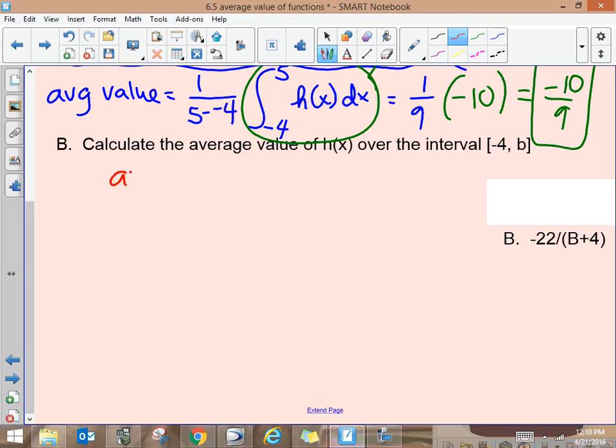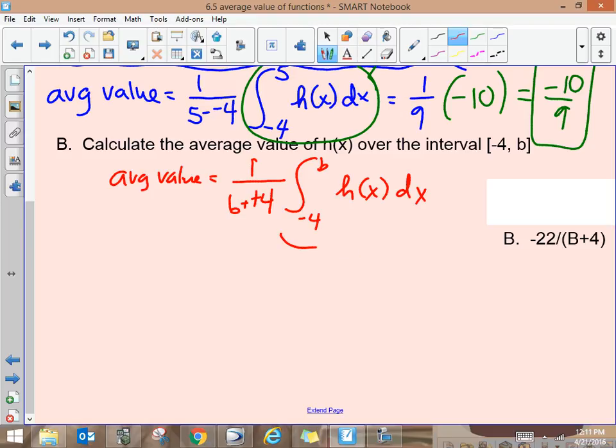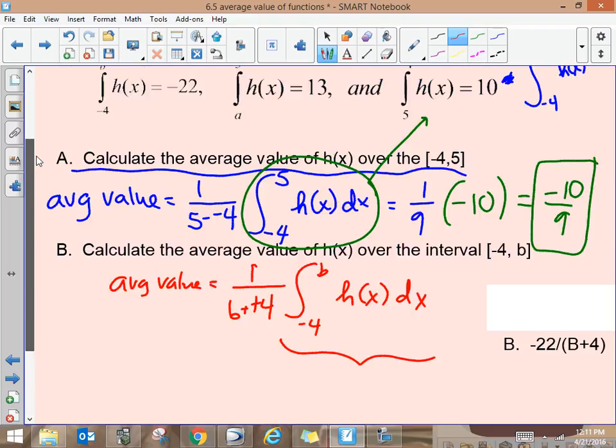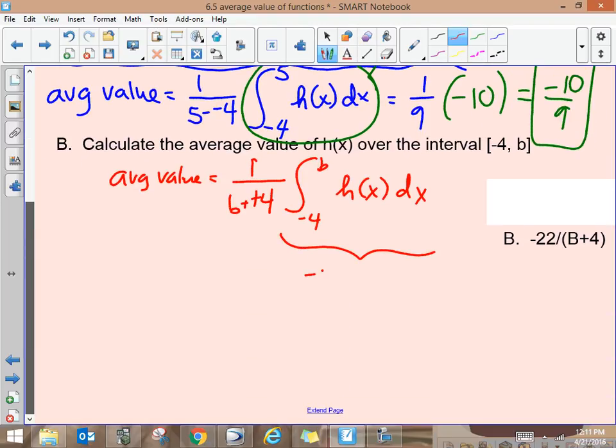So average value equals 1 over B minus a negative 4, just B plus 4, times the integral from negative 4 to B of h of x. This is what? So 1 over B plus 4 times negative 22 is negative 22 over B plus 4.